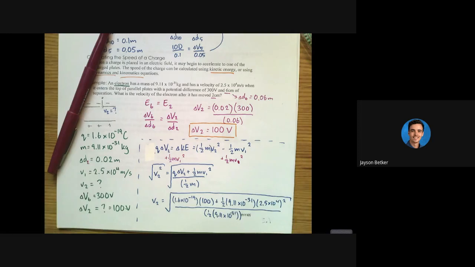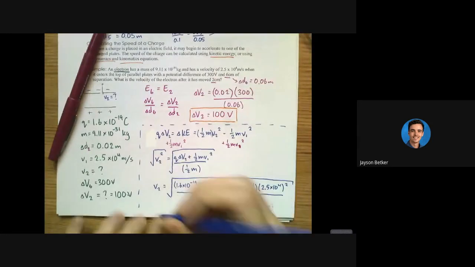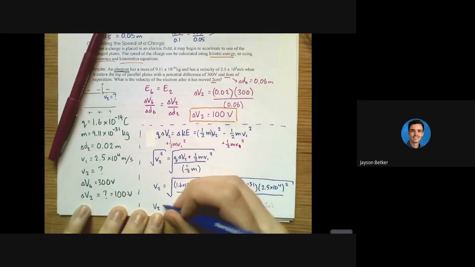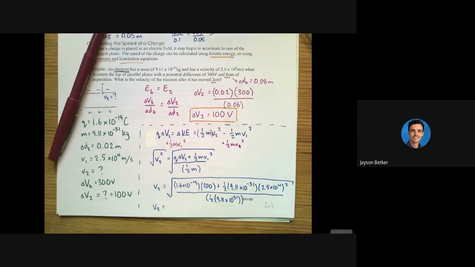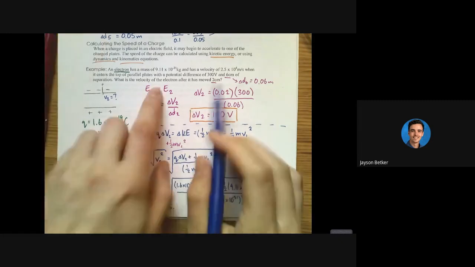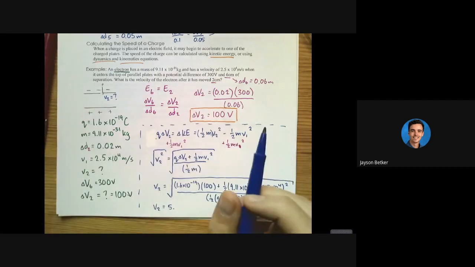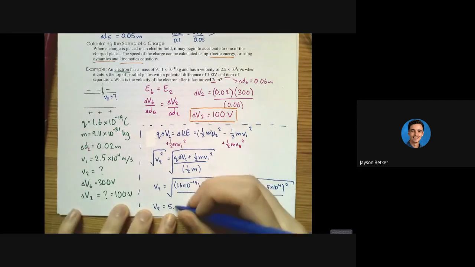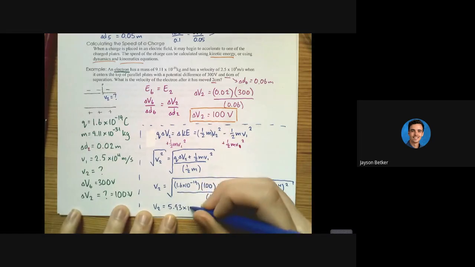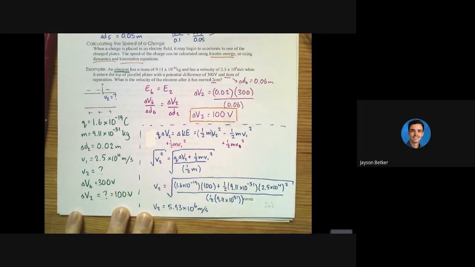It turns into kind of a crazy question, honestly. Lots of really small numbers being used, and lots of digits going on there. What you do if you get that, you should get something like 5.93 times 10 to the 6 meters per second. It's technically 1 sig fig, but I don't like that, just because it's going to change the numbers so drastically. And you know what?